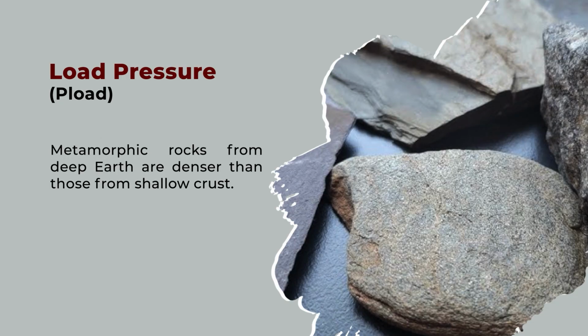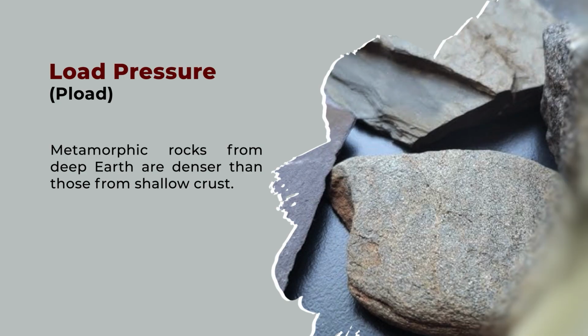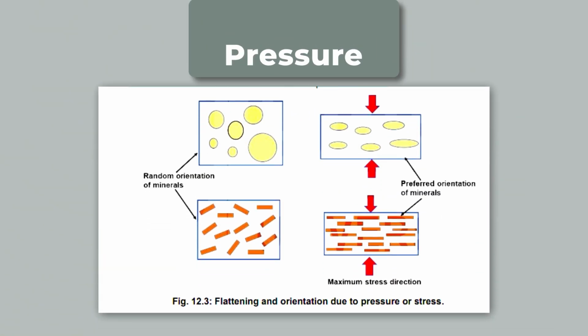The metamorphic rocks from the deep earth obviously will be denser than those from the shallow crust because of the pressure; the squeezing takes place, and also the water gets squeezed out, it becomes anhydrous. Now, if you see this diagram on the screen, in the first photo you can see random orientation of minerals.